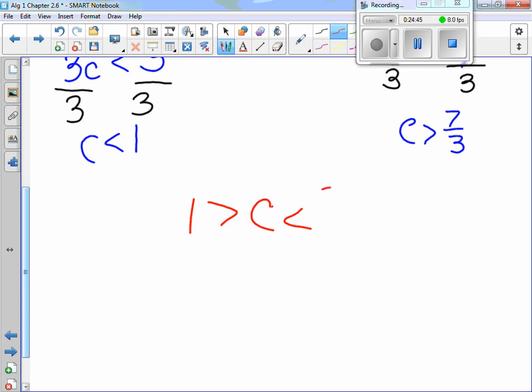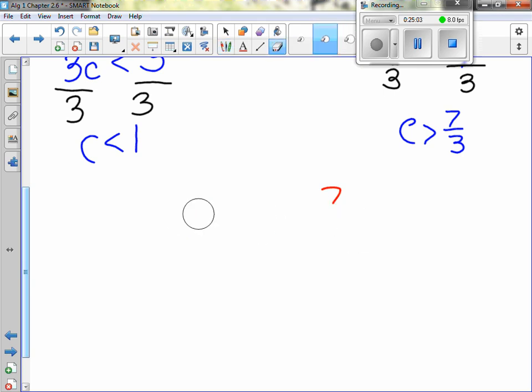And then c is... That's not right either, isn't it? That looks weird, doesn't it? Okay. That's kind of weird.